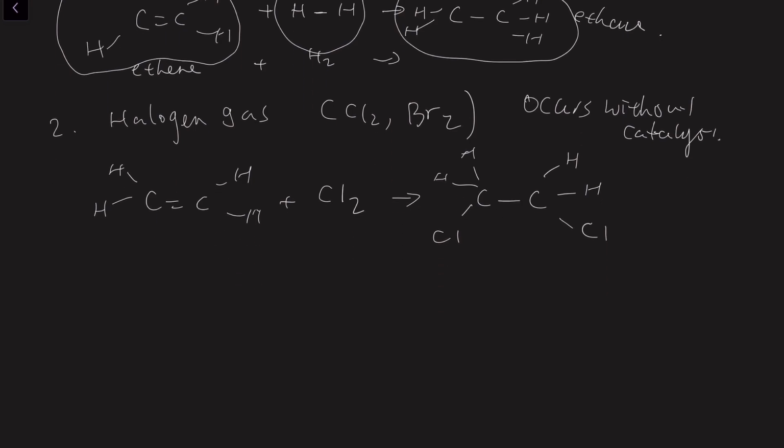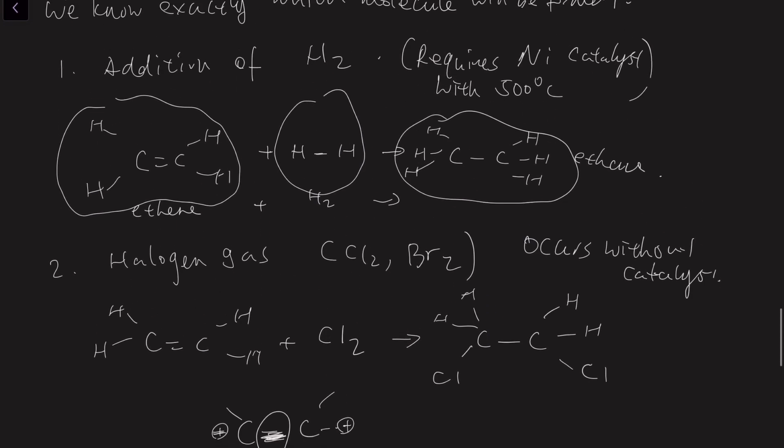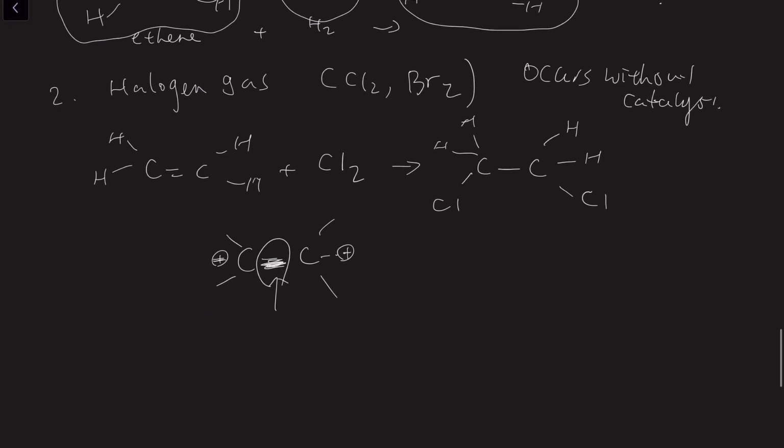So as you can see, because you are breaking the double bond, after you break the bond, each carbon can have one extra atom connected to it. So when you are undergoing the addition reaction, it is only possible for the chlorine atom to be added on both sides of the molecule.